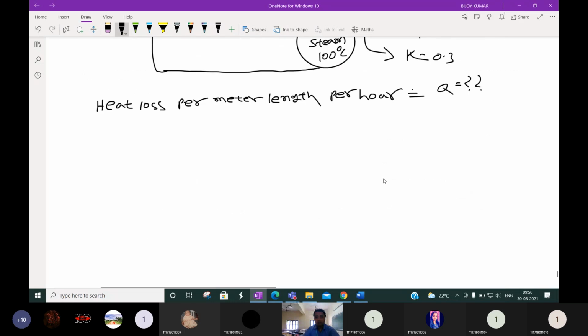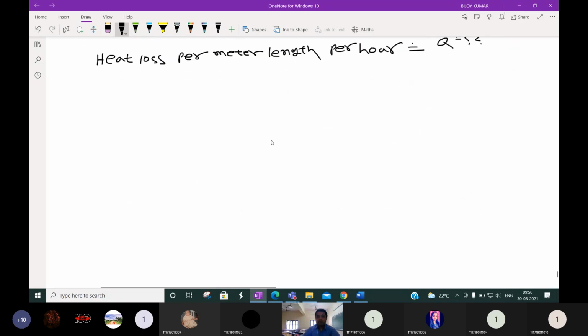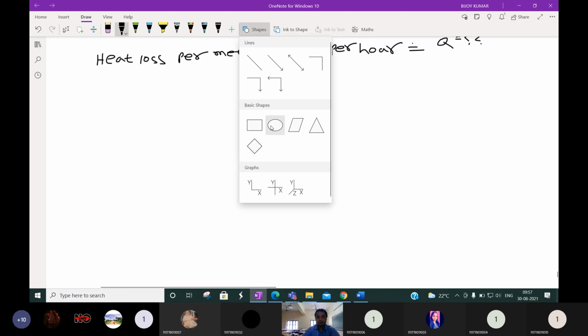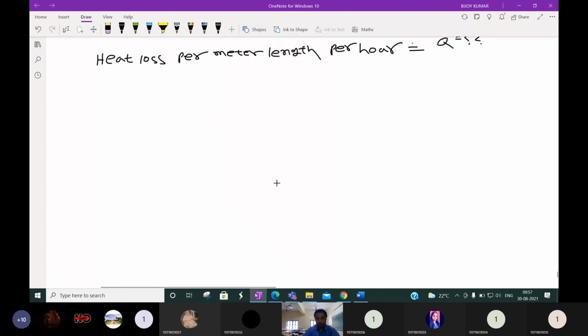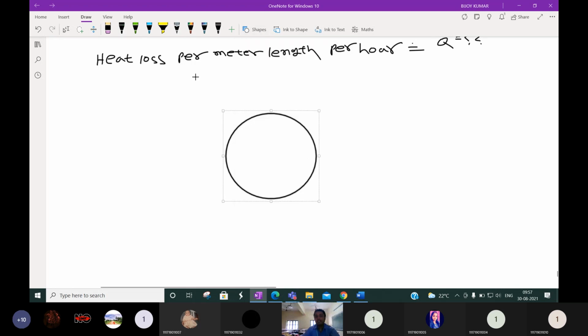So first thing, let me draw a cross-sectional diagram. First we will draw the pipe. You know that inside the pipe steam is flowing.